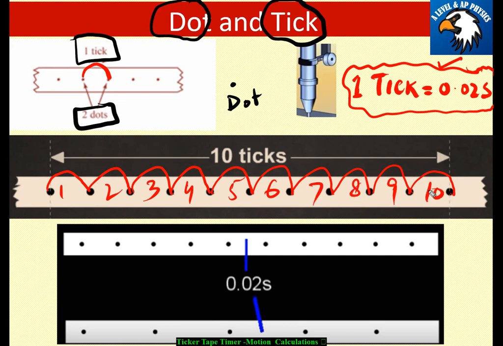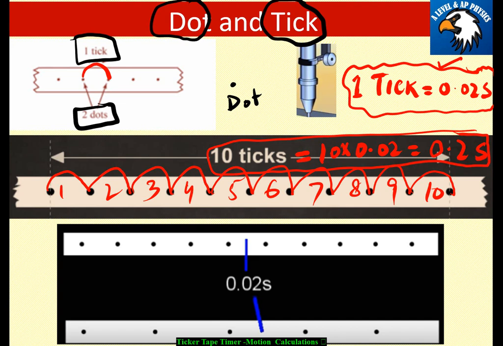So we have 10 ticks. And time for one tick is equal to 0.02 second. So for 10 ticks, simply I can say 0.2 second. This piece of information is very important as well. One tick is equal to 0.02 second time interval. For 10 ticks, the time interval is 0.2 seconds.